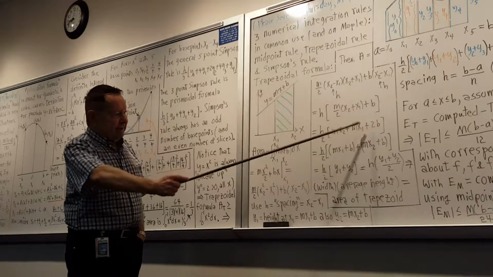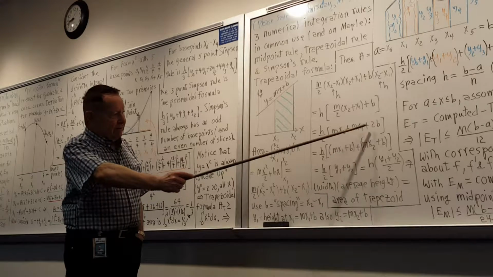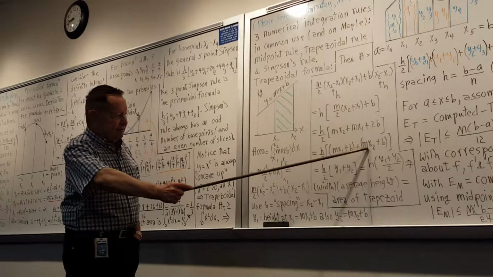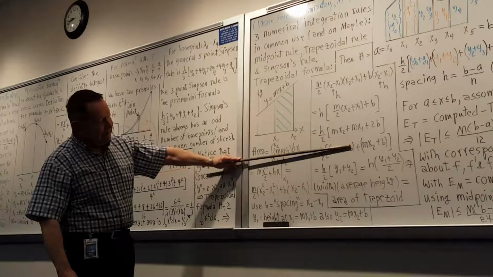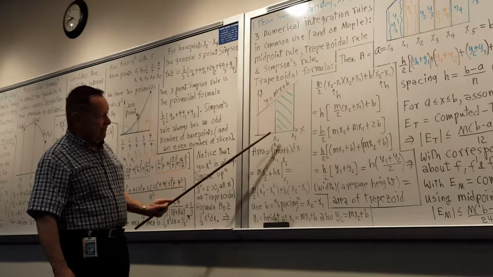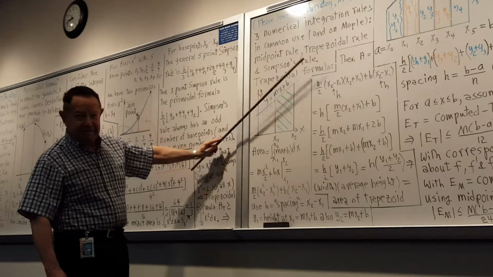Use one of the b's with each of these. So put one of them with the mx1 and the other one with the mx2, and then you can call that y1 and you can call that y2, which would be the y values for your top line.